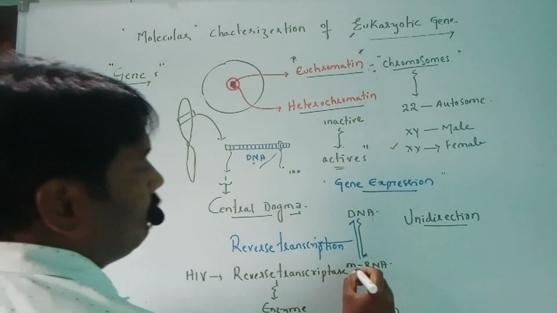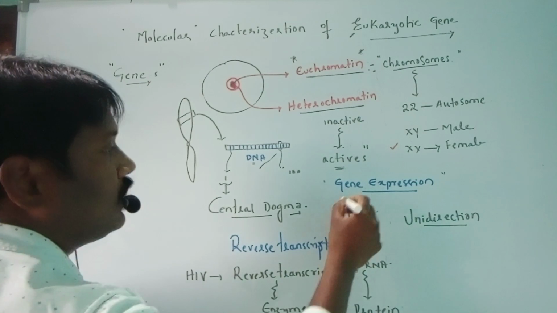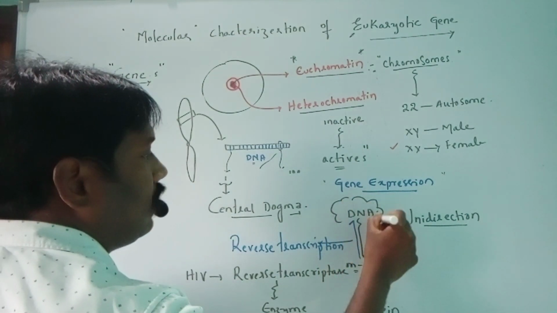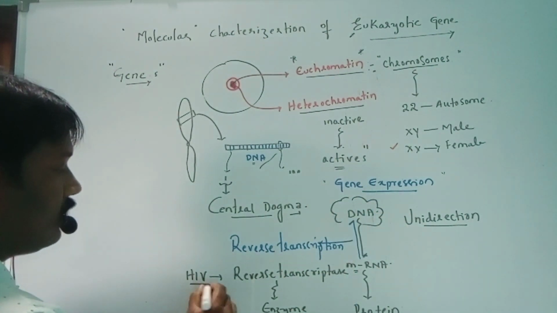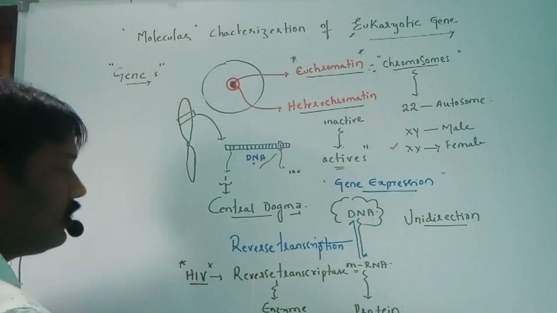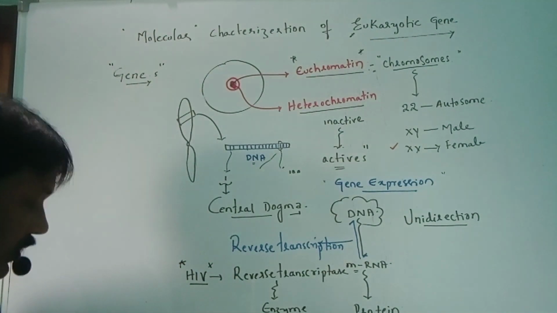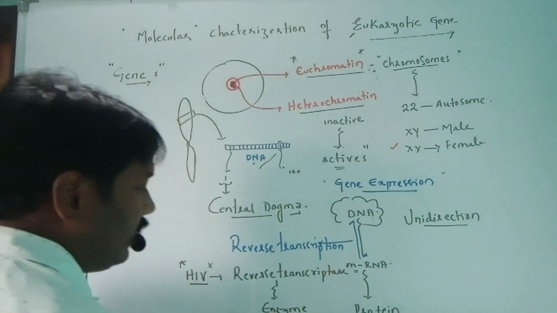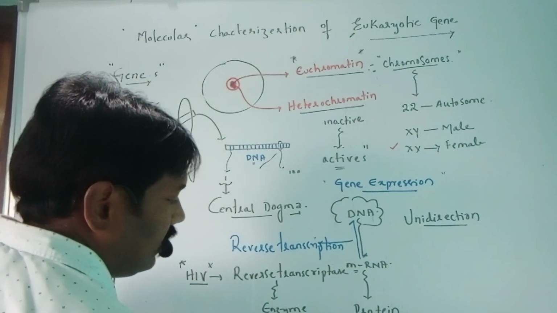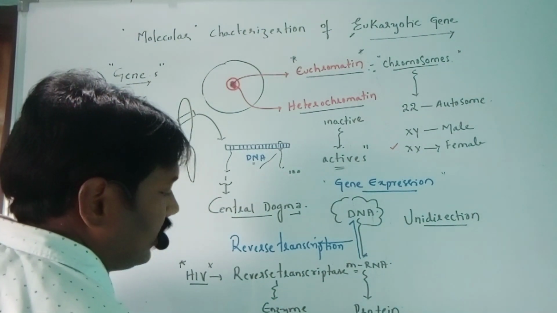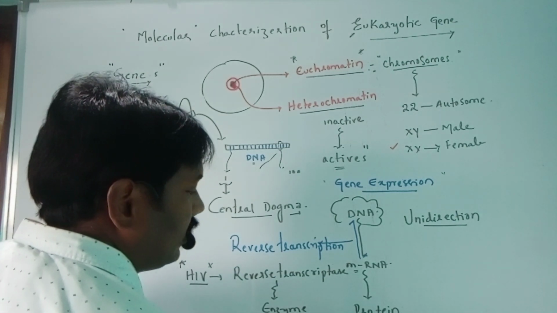That means from mRNA they give rise to the DNA. This concept was studied by the great scientist by the name Temin. Based on the scientist's name, it is known as Teminism.